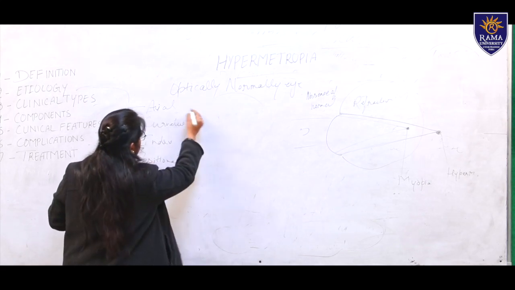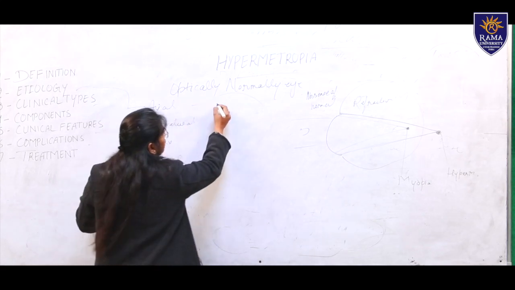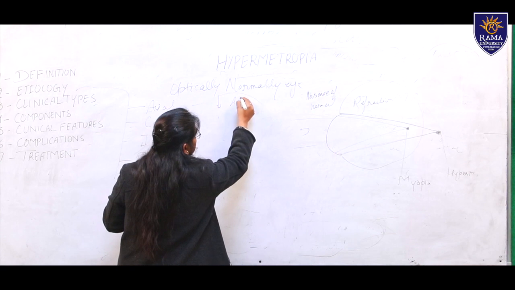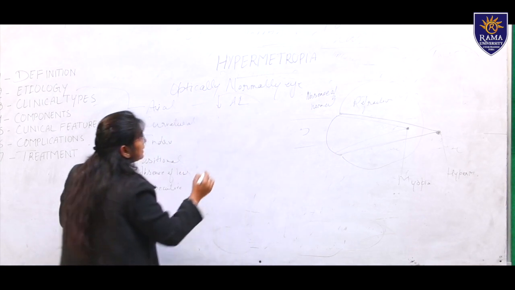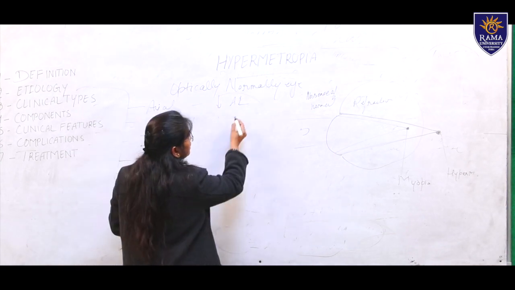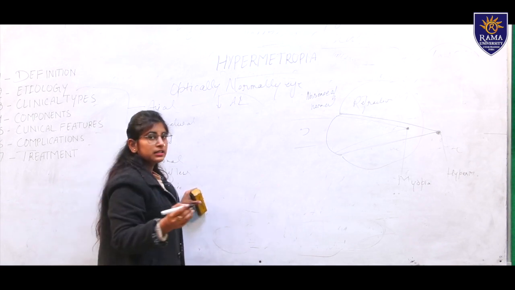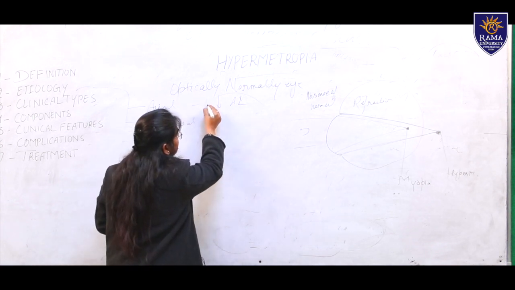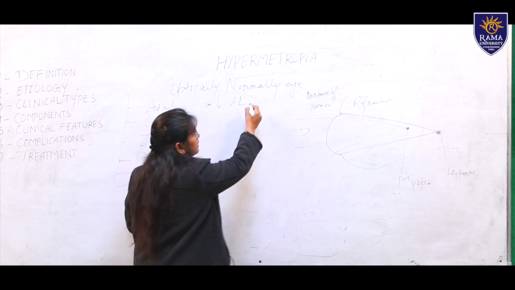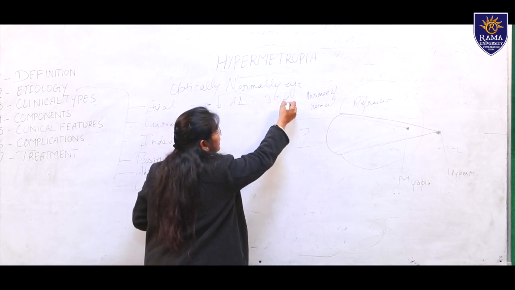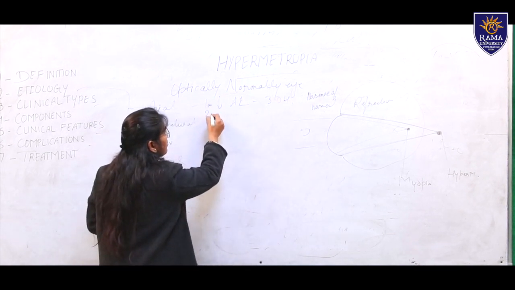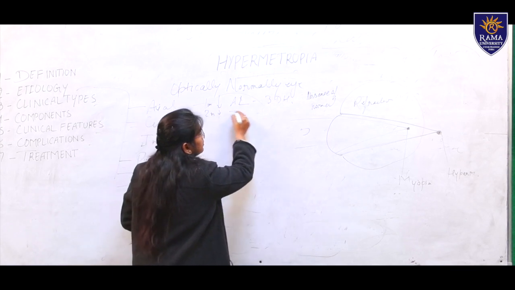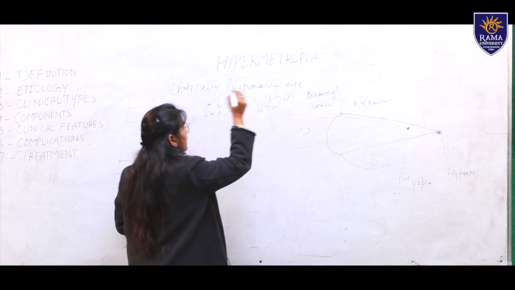One by one I am explaining. Axial type is due to decrease in axial length of an eyeball. A 1 mm decrease in axial length causes 3 diopter hypermetropia, and a 2 mm decrease in axial length causes 6 diopter hypermetropia.